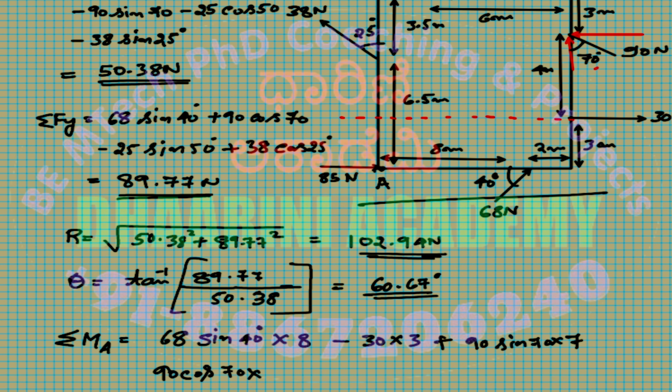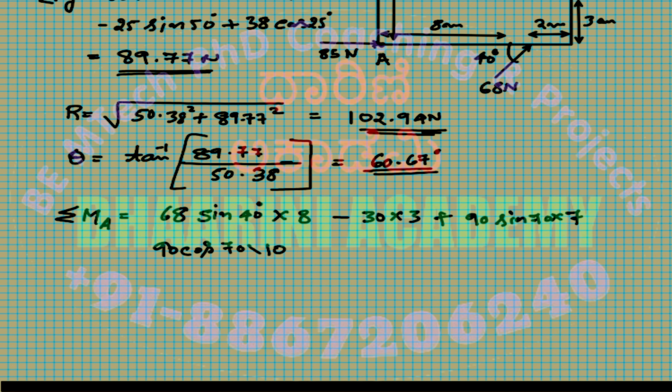So this into 10 meters, and I know that this is going to rotate anti-clockwise, so that is positive. So plus 90 cos 70 into 10.